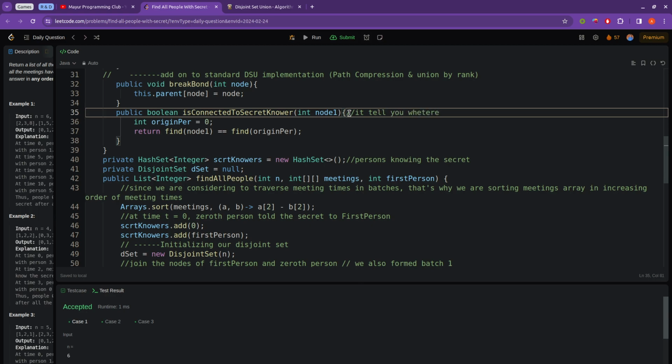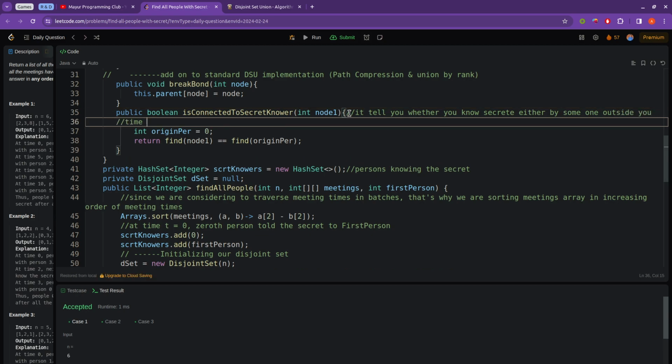So it tells you whether you know the secret either by someone outside your time batch or by someone having a meeting with you at the current time.